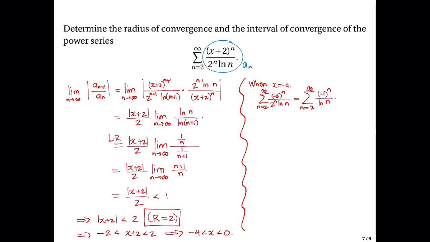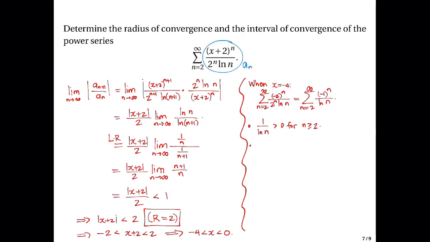So we can use the alternating series test here. So we know that 1 over ln of n is greater than 0 for n greater than or equal to 2. What else?